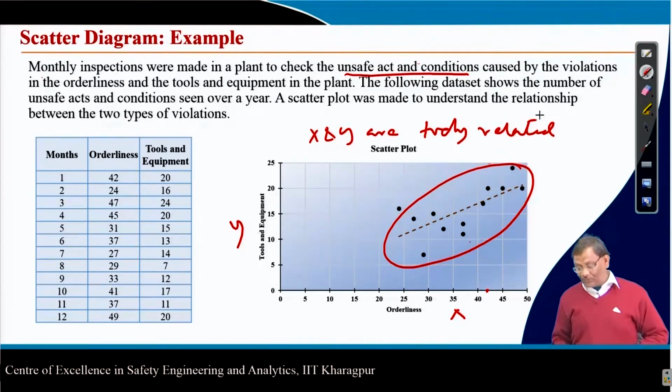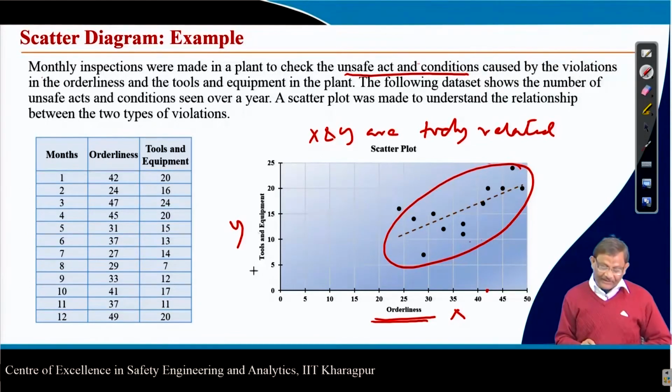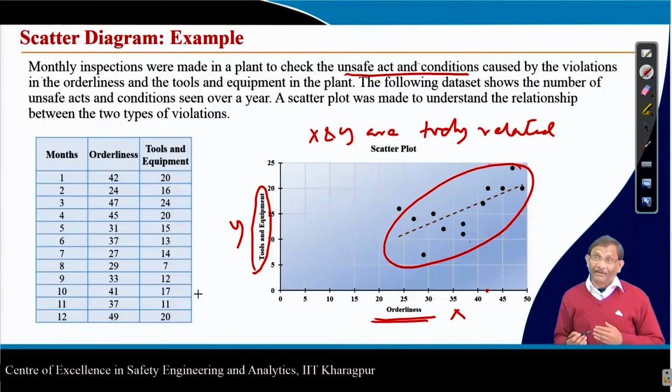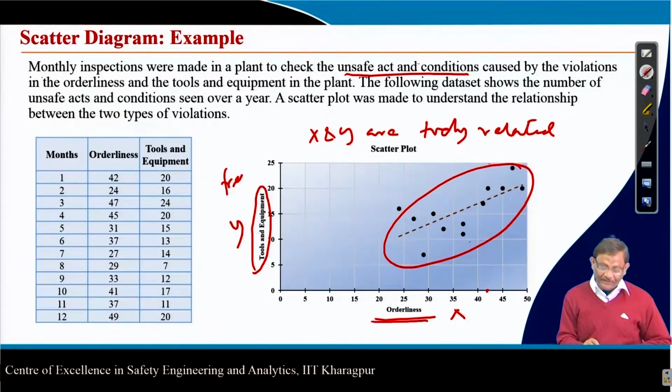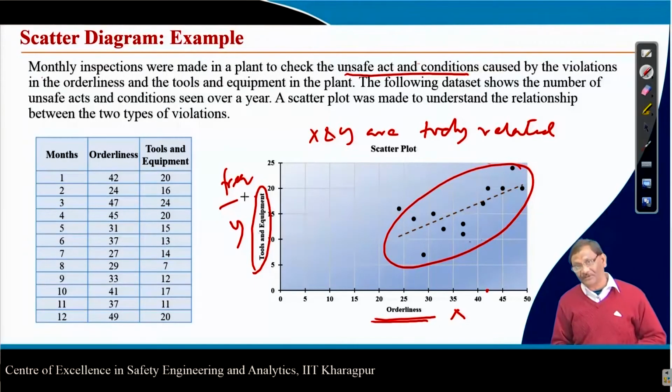You may find out, suppose instead of the same violation, you put on this side the violation due to orderliness, and on the other side another variable, maybe the frequency of inspection. You may get a different picture.